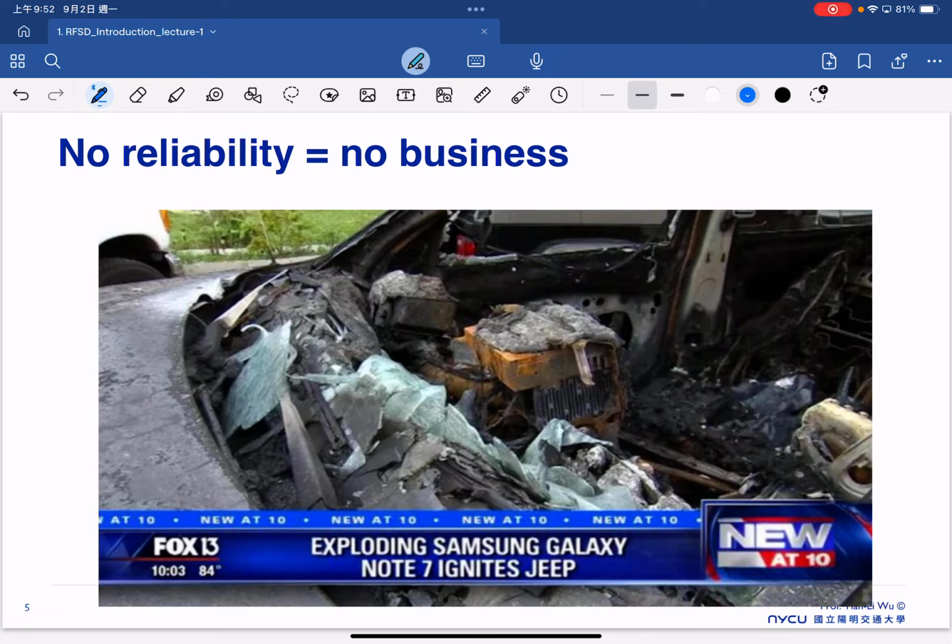Some cell phones, because of the battery, started to explode, and this exploding can cause huge damage, not only to the human being, you can damage your life, but also all the consumer electronics nearby. So basically, no reliability is equal to no business. That's very important. So far we have so many related examples.